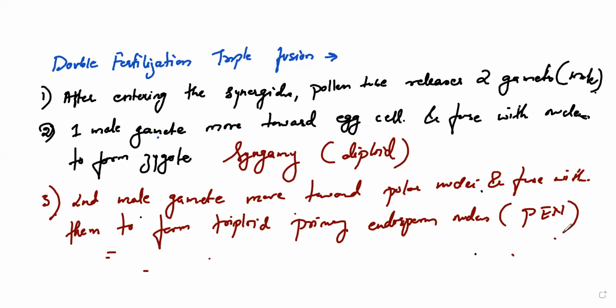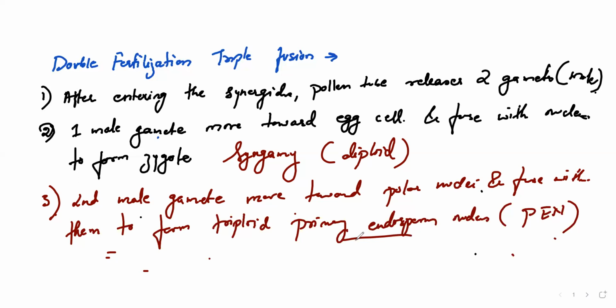Correct? If you want to simplify this, I'll write it over here in the form of a flow chart. You have the first step, two steps. This is actually called double fertilization, triple fusion, right? It is double fertilization because two male gametes are being fertilized over here.